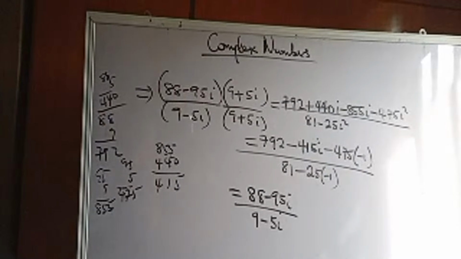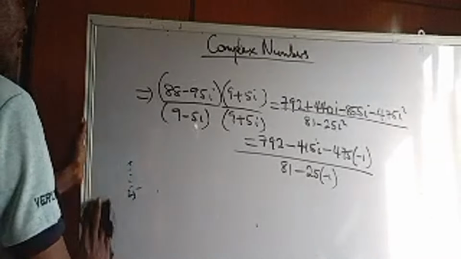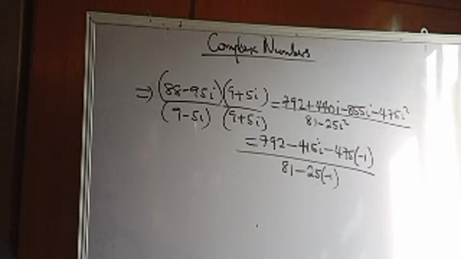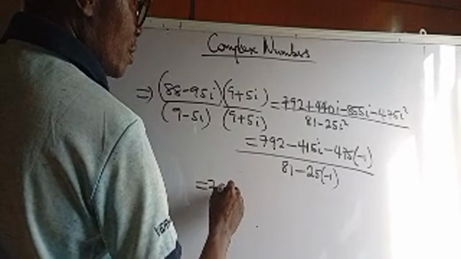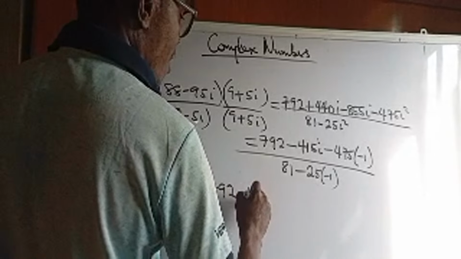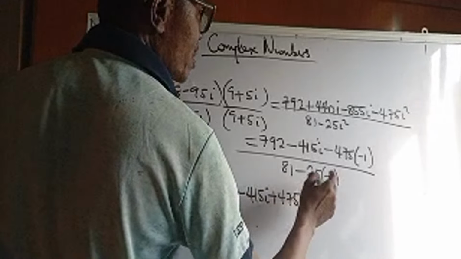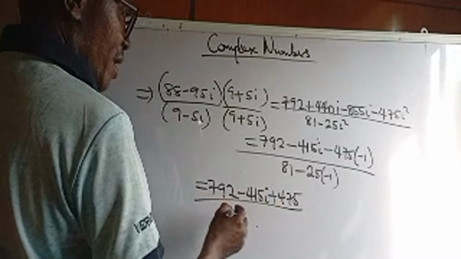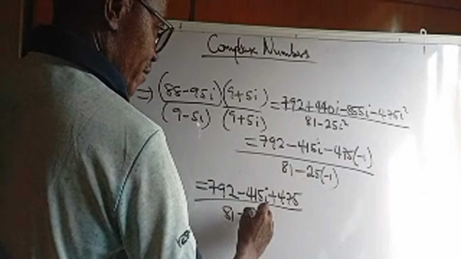I hope I'm not performing magic here, because we have carried out this operation severally today, and I don't expect us to have issues concerning all this. So we have 792 minus 415i plus 475, because minus 475 times minus 1 is plus 475, all over 81 minus 25 times minus 1, plus 25.